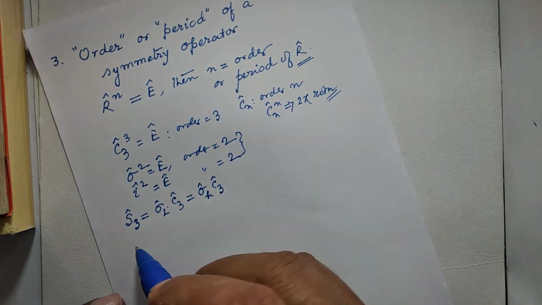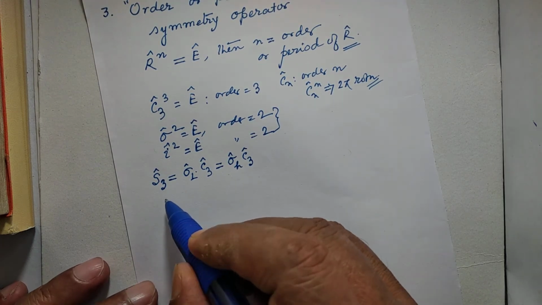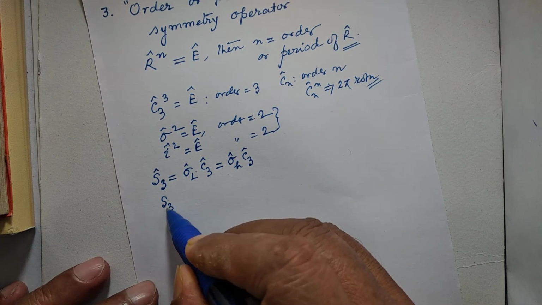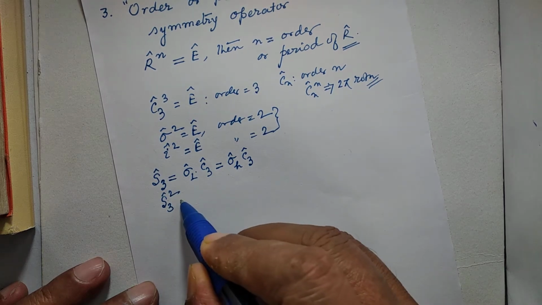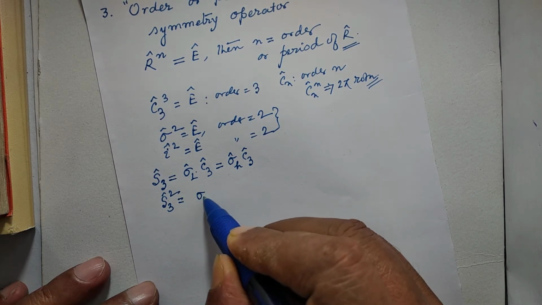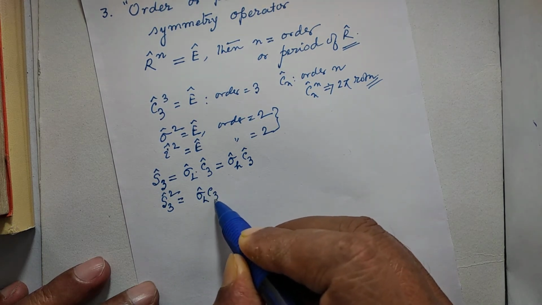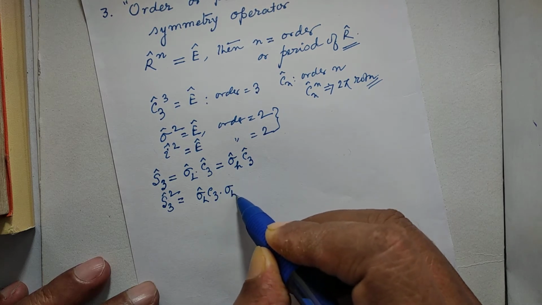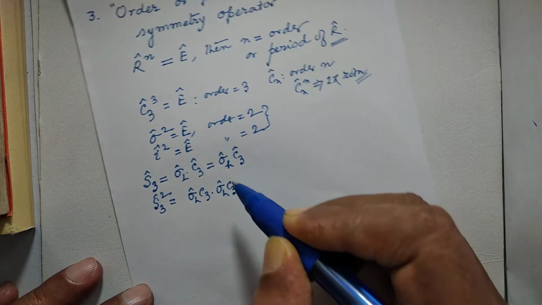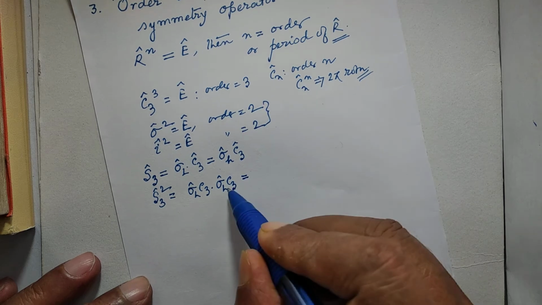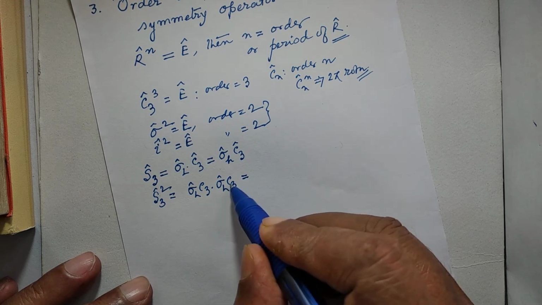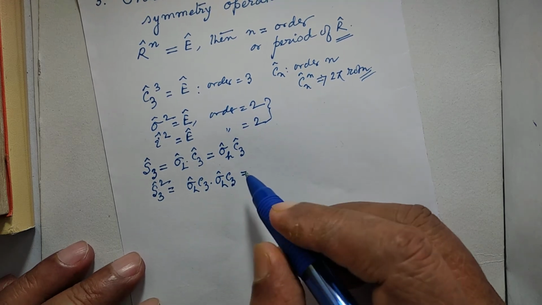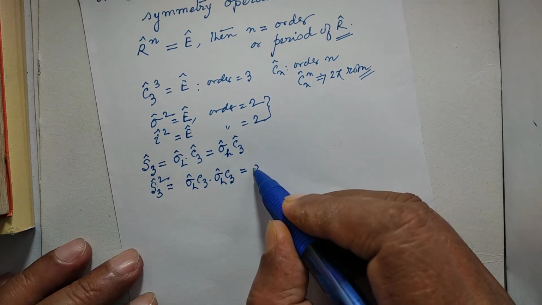Then what is S3 square? S3 square means sigma H C3 again sigma H C3. We know that these two operators commute.